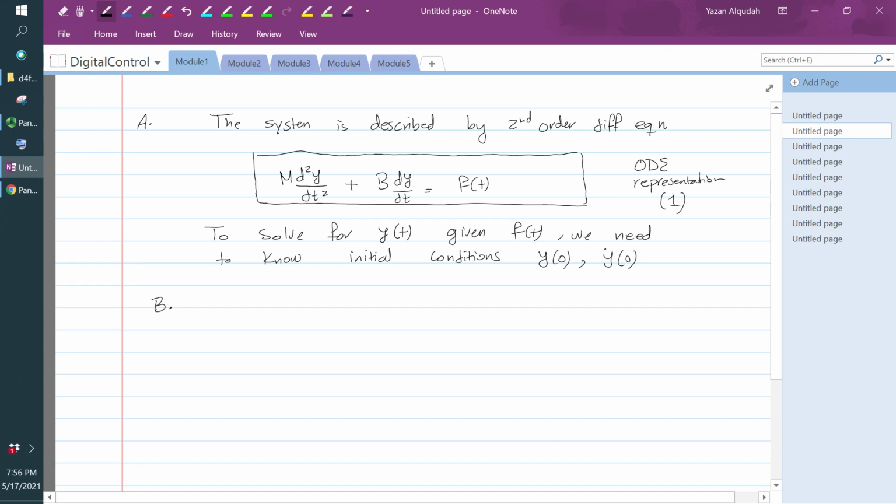And what we're going to be looking at next is what happens if we apply the Laplace transform. If we use the Laplace transform, we can obtain the transfer function, a transfer function representation of the system.